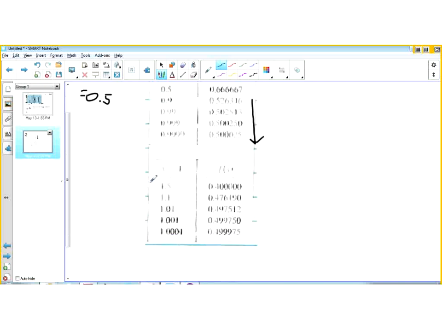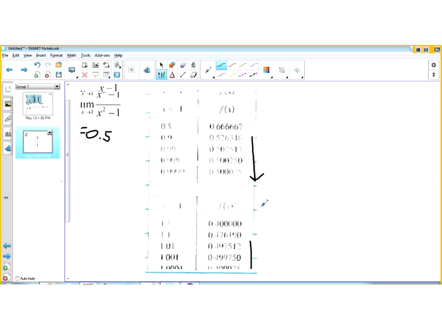Now we approach 1 from the right, from numbers bigger than 1. Look at the corresponding outputs. Again, it appears that the sequence of outputs as x gets closer to 1 becomes 0.5. So the table confirms our graphical assessment that the limit is 0.5. Even though the point (1, 0.5) is not on the graph, we do have a limit. This is an important concept right here.